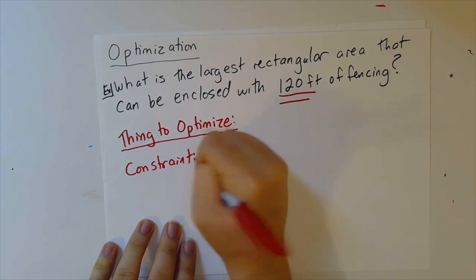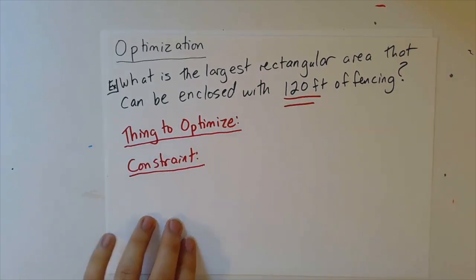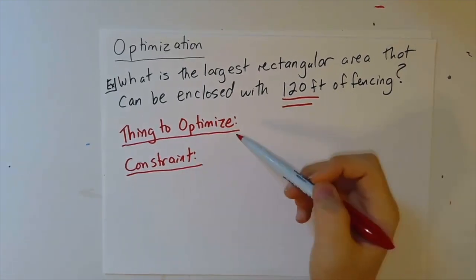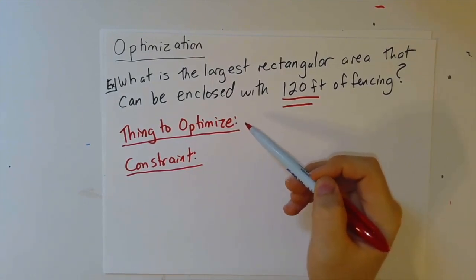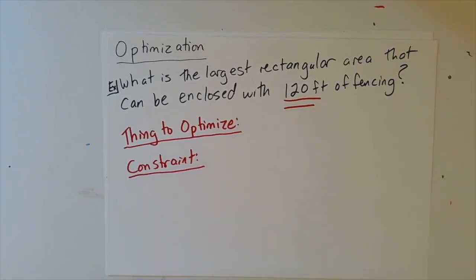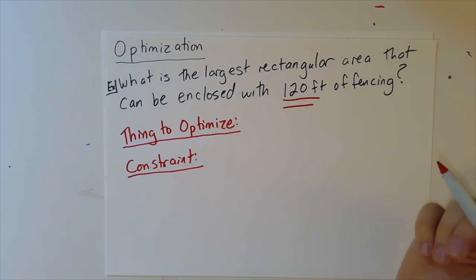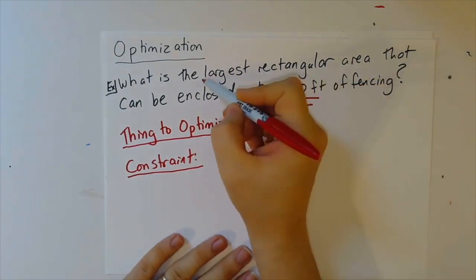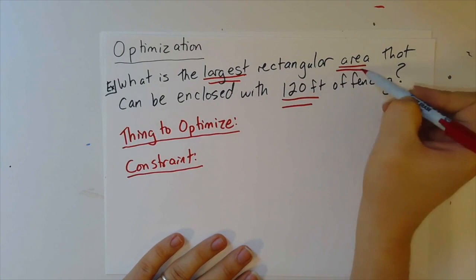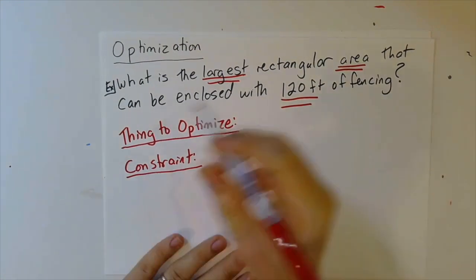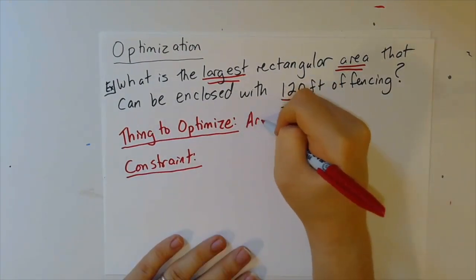In all of these problems, the first thing you should do is identify what is the thing that you're trying to optimize and what is the constraint. The thing you're trying to optimize is the thing that you want to find the maximum or the minimum of. In this case, the question specifically says largest area. So the thing I'm trying to optimize here is the area.